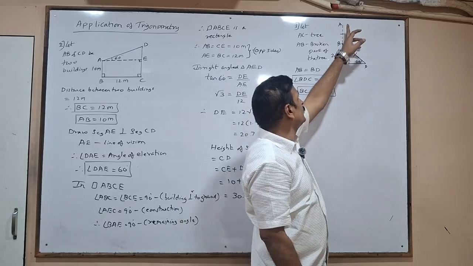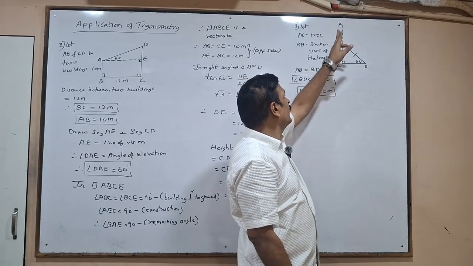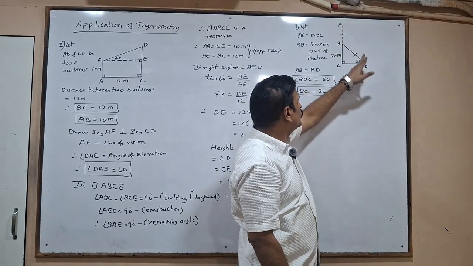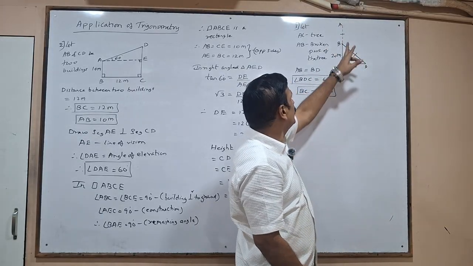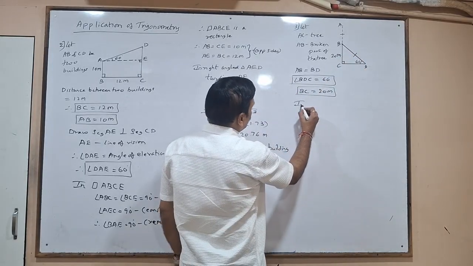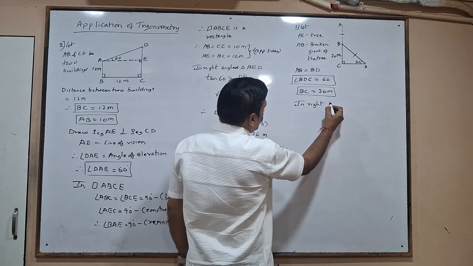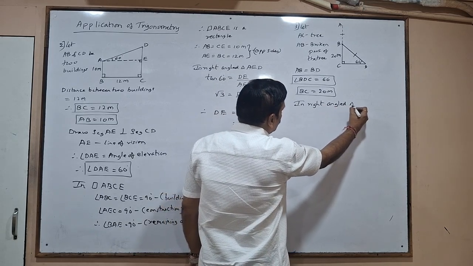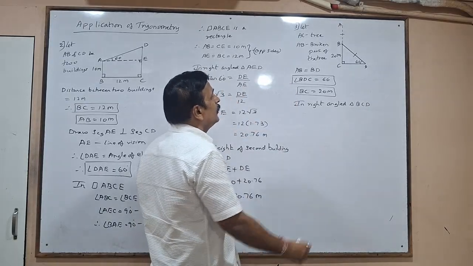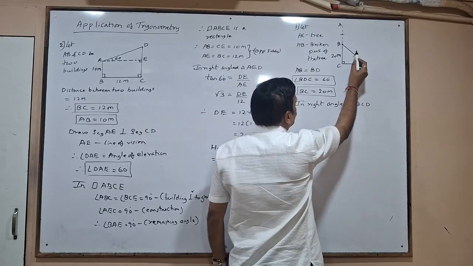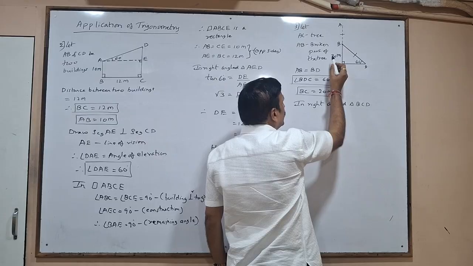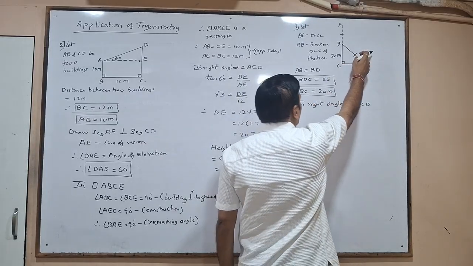To calculate height of the tree, I know BC, I require AB, but AB is equal to BD. So basically I want BD from this triangle. So in right angle triangle BCD, I want the hypotenuse. I know this angle 60. I know its opposite side or perpendicular side. And I want the hypotenuse.